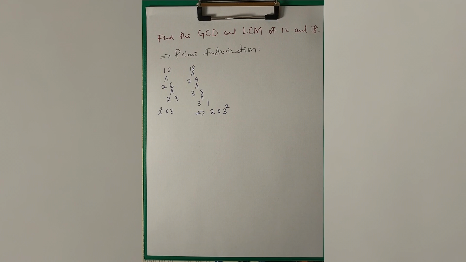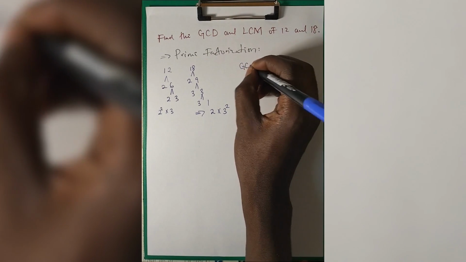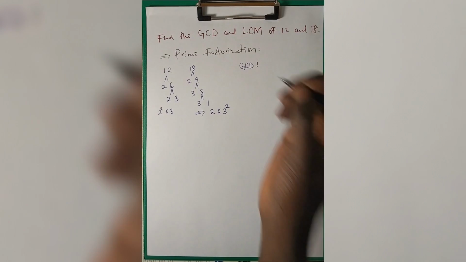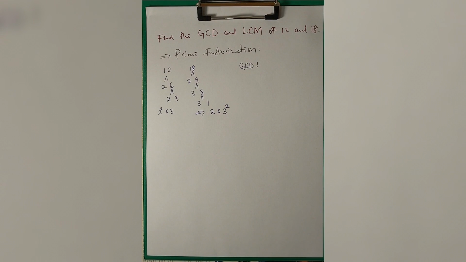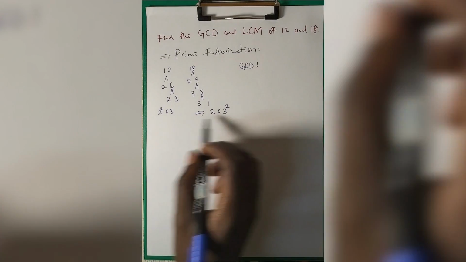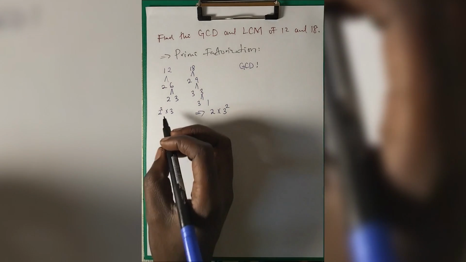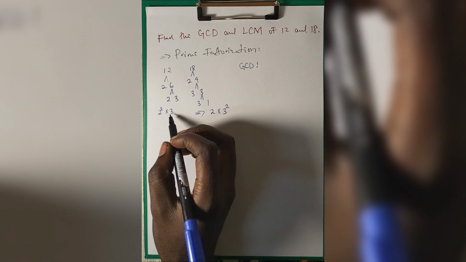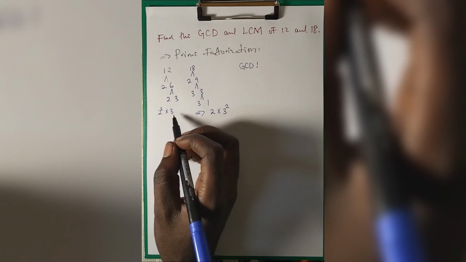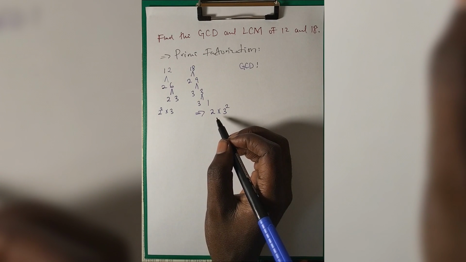Now with this prime factorization, for the GCD we find the lowest powers from here and here. We have 2 squared times 3, and 2 times 3 squared.